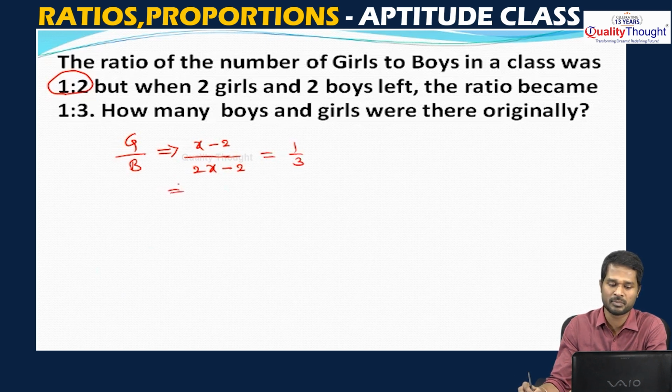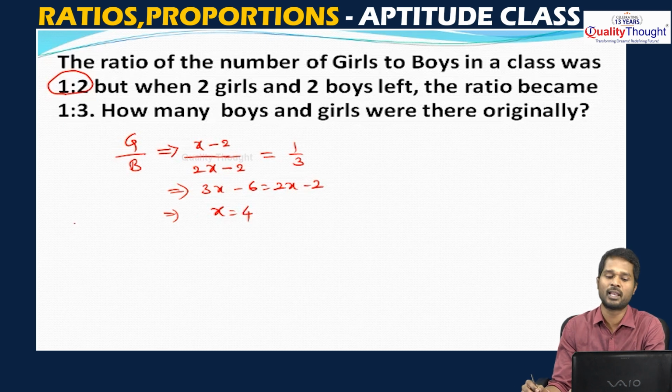Now see here, let's simplify this, go for cross multiplication. This is 3x minus 6 equals 2x minus 2. This is 3x minus 3 2s are 6 equals 2x minus 2. So 3x minus 2x is x, minus 6 plus 6 minus 2 is 4. So the x value is 4. Now what is the question? He said how many boys and girls were there originally.